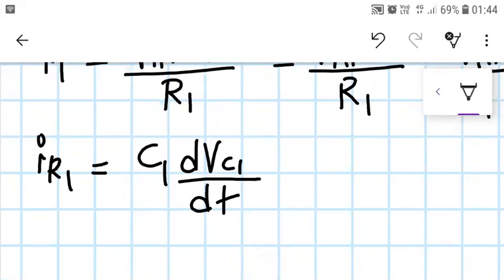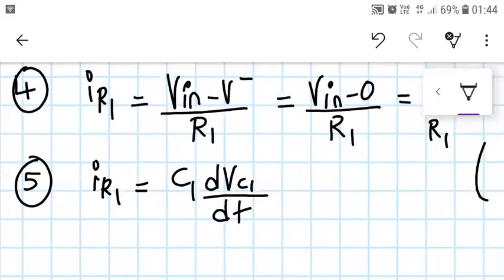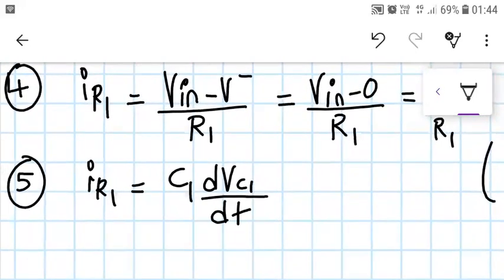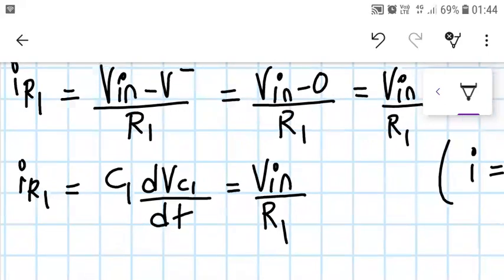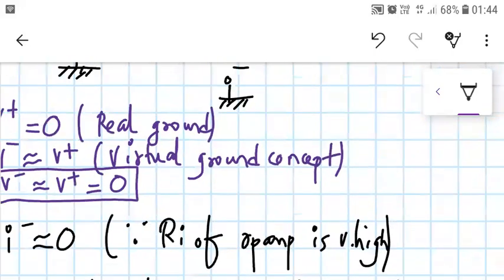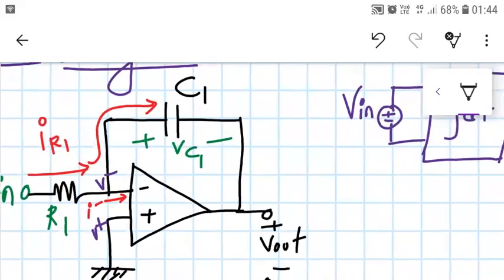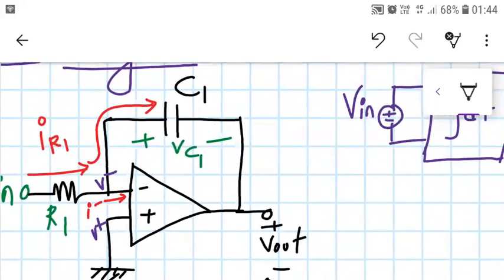So from step number 4 and 5 we have the same currents. Can we equate them? Yes. So V in upon R1 is equal to C1 into dVC1 divided by dt. Now let us go back to the circuit. Can we write VC1 as V minus minus V out?